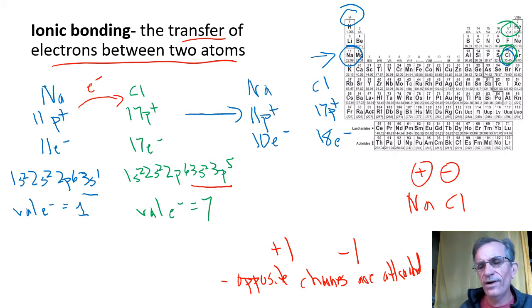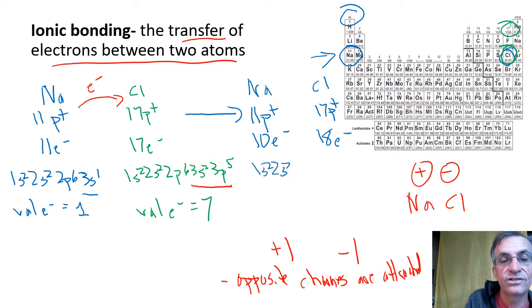Well, the reason it happens is in how the electrons are configured, so let's see what happens after this transfer. Mr. Sodium gave up its electron. It only has 10 now, right? So where are they? 1s2, 2s2, 2p6.